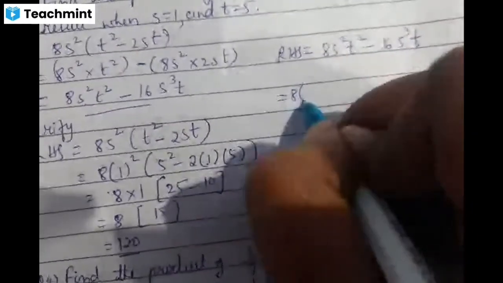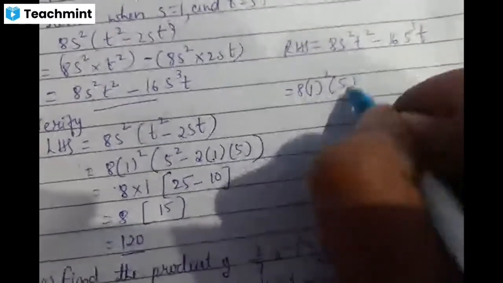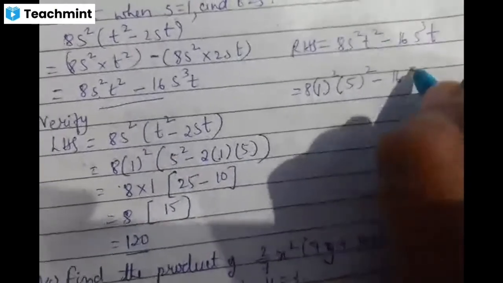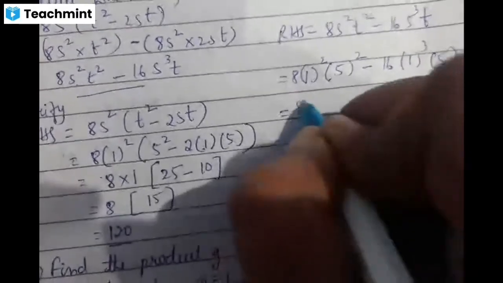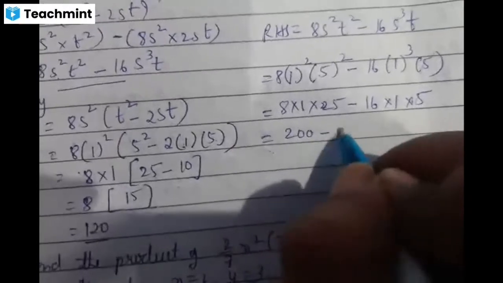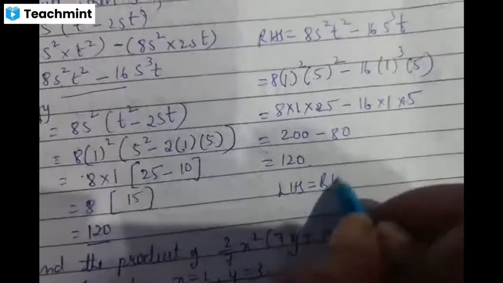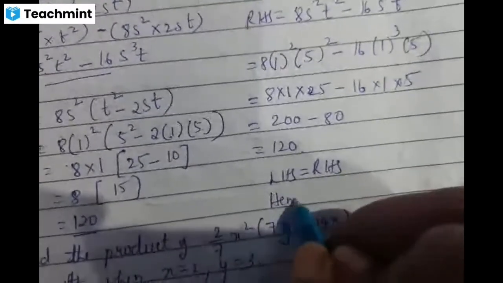What is the value of s, children? s is 1 square, t is 5 square, minus 16, 1 cube, t is 5. 8 into 1 into 5 5s are 25 minus 16 into 1 into 5. 25 8s are how much, children? 200 minus 16 5s are 80, which is equal to 120. Therefore, LHS is equal to RHS. Hence, we have verified.